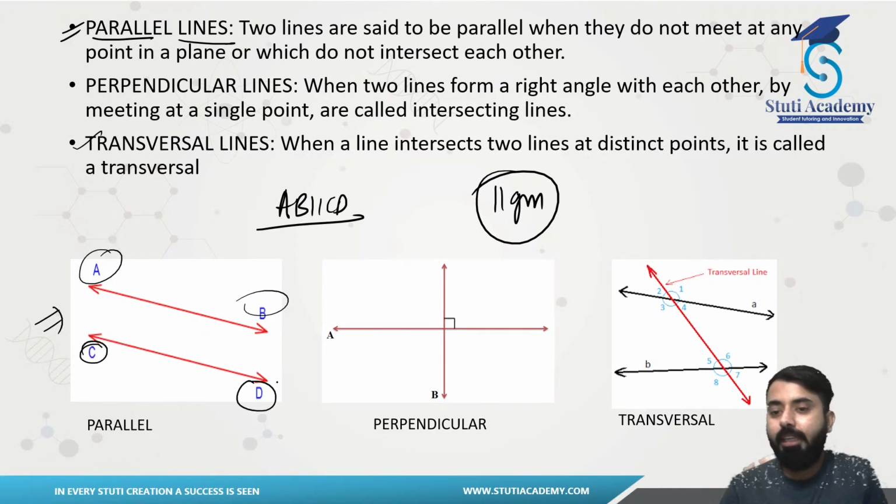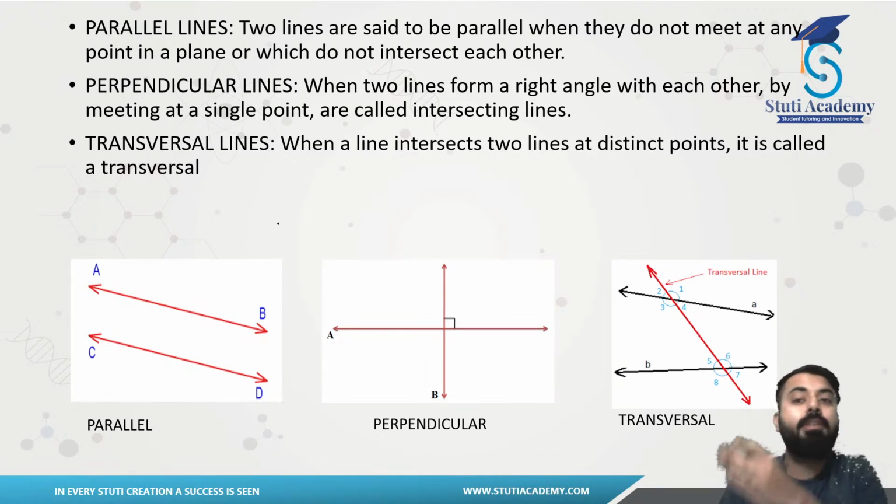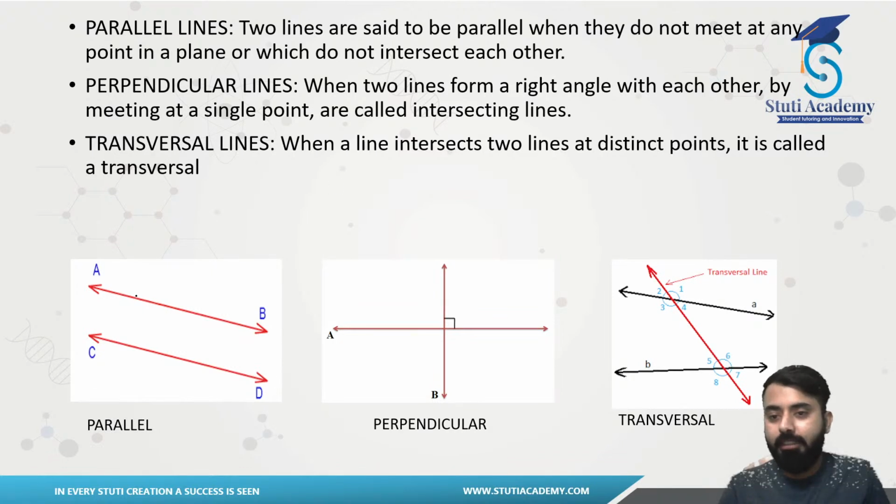So you see AB and CD. I have told you that AB, that means a line, is never ending. It can be extended on either side. So if I just mark 2 points over here, let's say C and D, sorry, C is already there. Let's mark E and F. Okay.